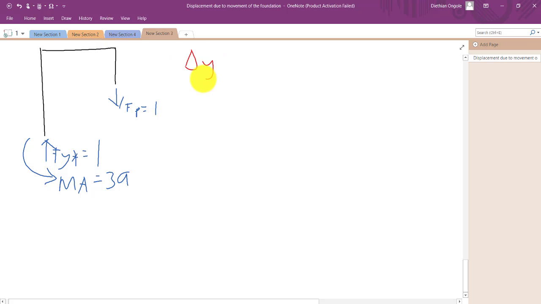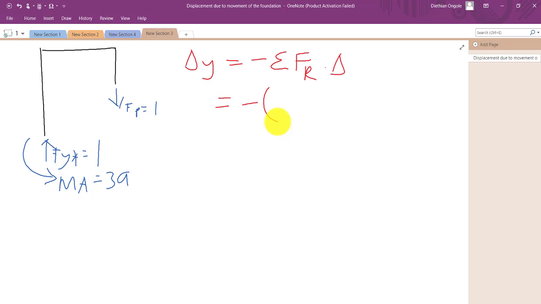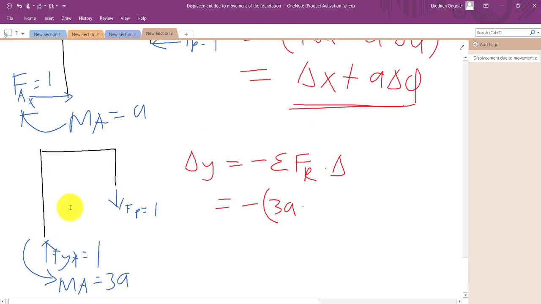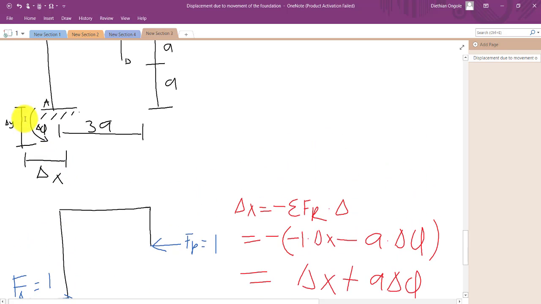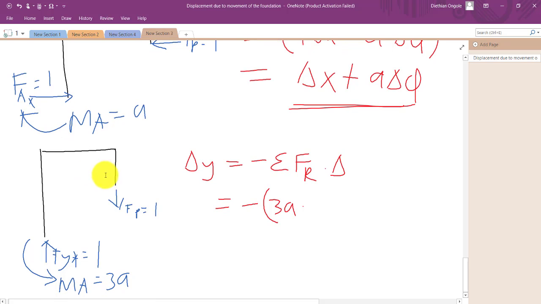Our delta y would be equivalent to negative summation of the reaction forces times the displacement delta. So this would be equal to negative. Here our moment is 3A, and if we go back to the original question, we see that it is in the same direction as the angular rotation, so it takes on a positive.